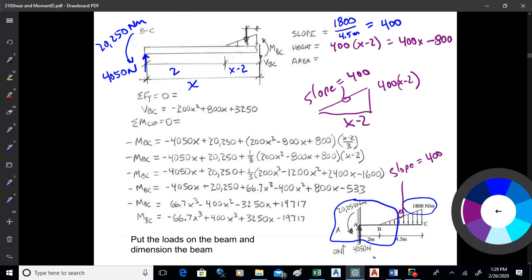That's 400x minus 800. So the area then will be the area of a triangle, 1/2 times the base, which is x minus 2, times the height, which is 400x minus 800. So there's the area of the triangle, the base times the height. Okay.